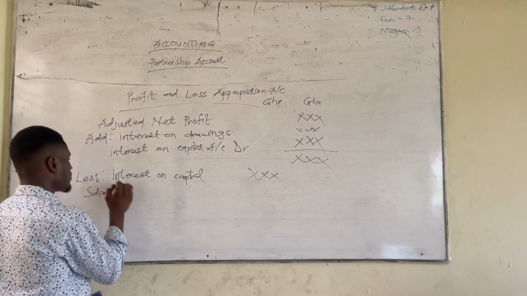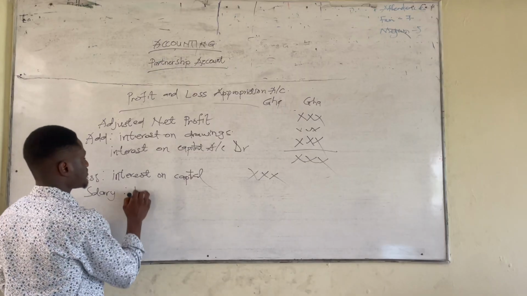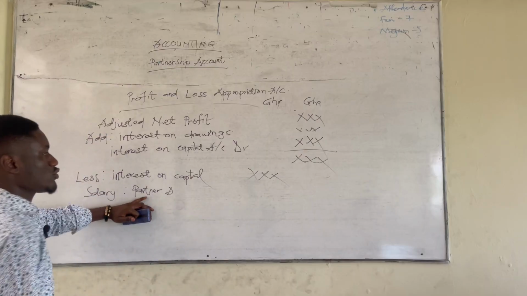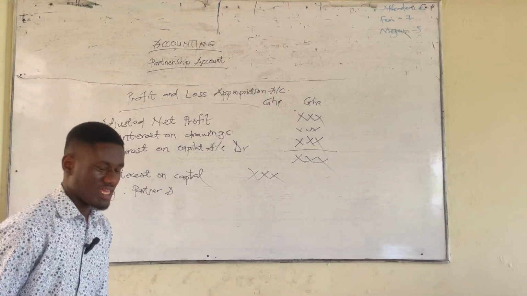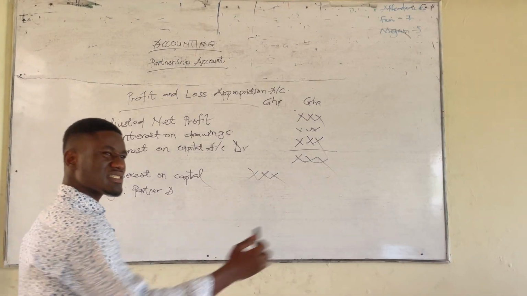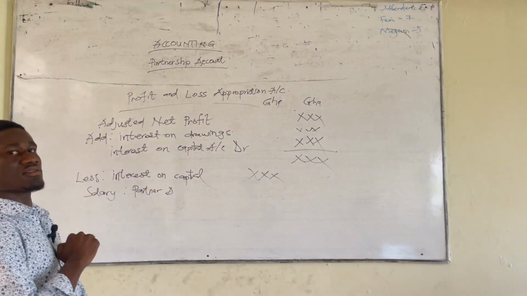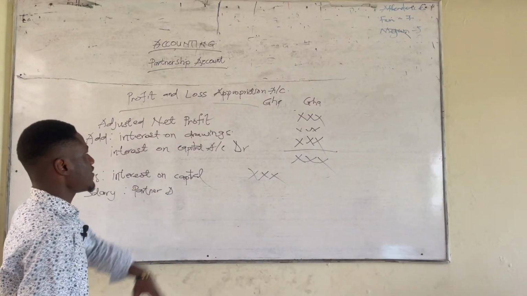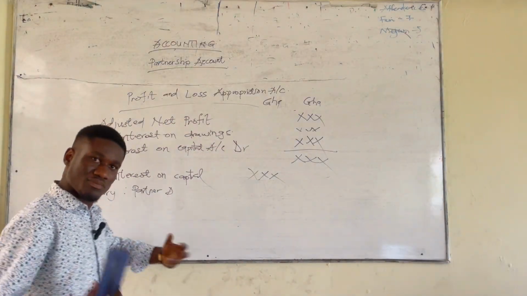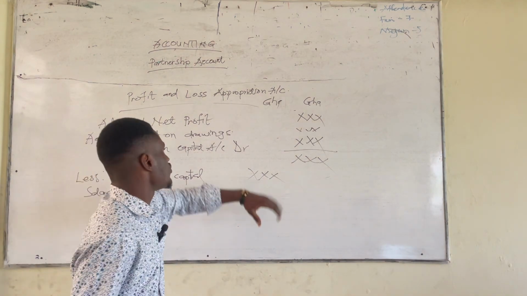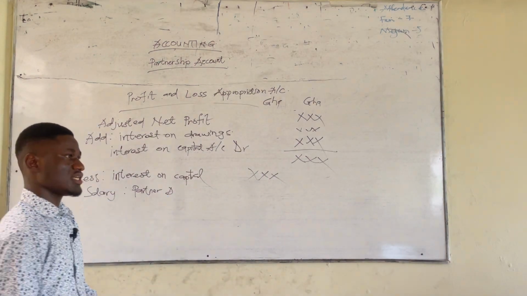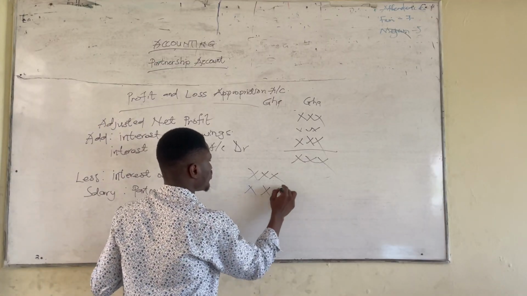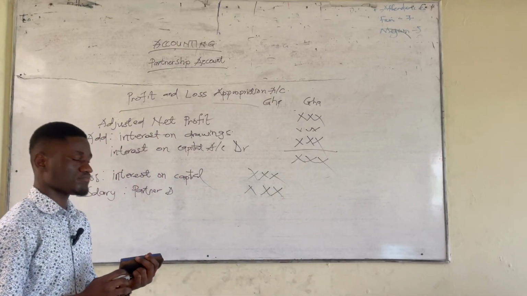So partner A is going to receive a salary, and who is paying the salary? The business is going to give me a salary. Do you get it? As the partner, the business will give me a salary from this net profit, the profit that the business has made. I'm going to receive my salary. Do you get it? So let's say if partner A had a salary, we bring it there.